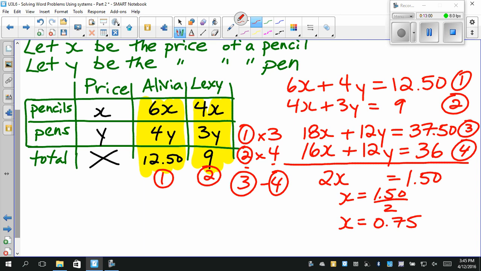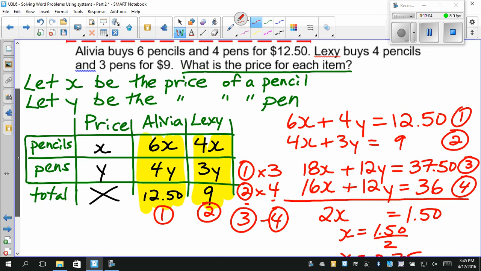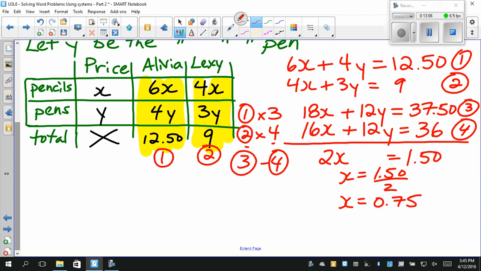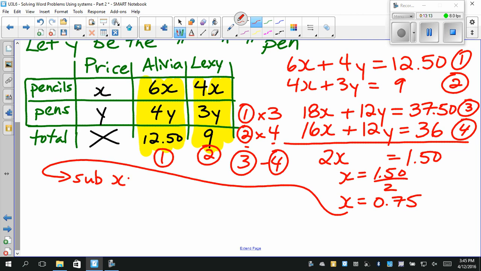Okay, they want us to figure out the price for each item, so I'm not done yet. I need to sub x equals 0.75 into one of the equations. Doesn't matter which one. Looks like equation 2 might be easier, but it would work in both. So I'm going to do 4 times 75 cents plus 3y equals 9.